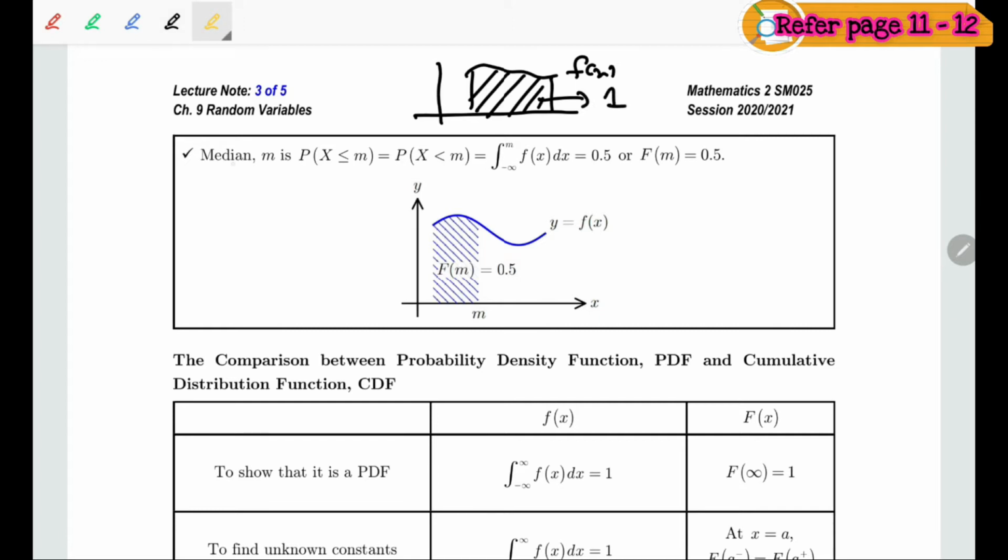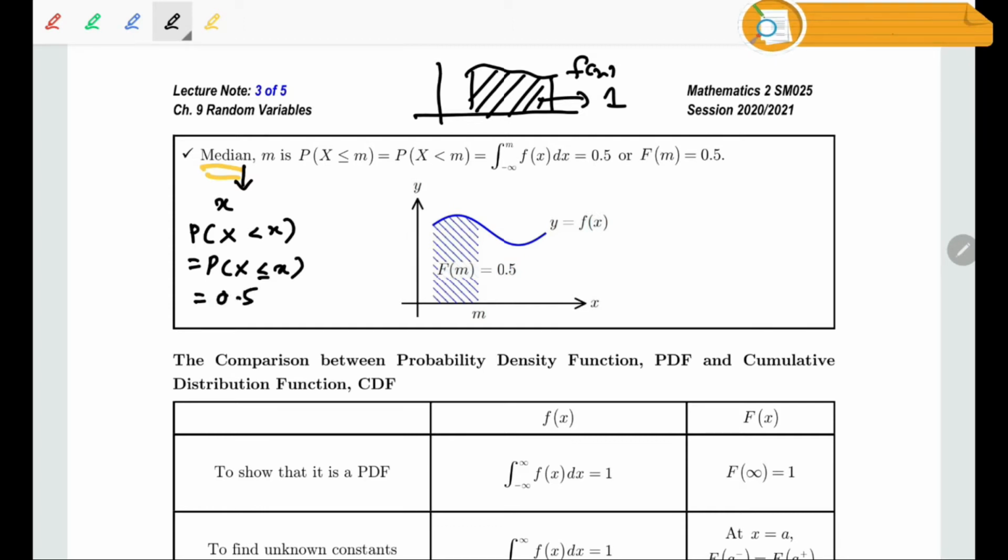The median is the value of x in which the probability of X less than or equal to x should equal 0.5. x can be written as m, where m refers to the median. You can just write it as F(m) or F(x).